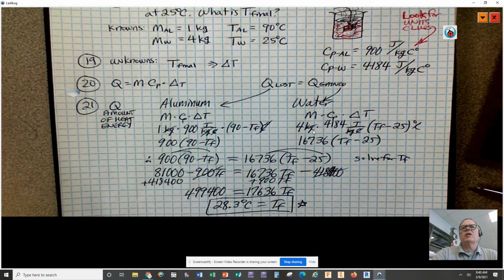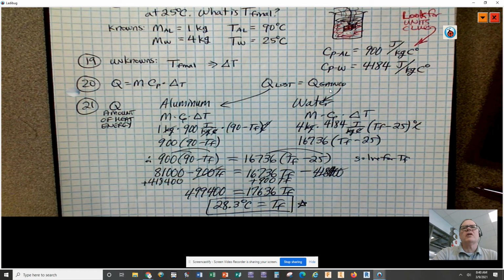Again, using the same process, multiply these outside numbers together, then use your distributive property. You get an expression for the Q gained of 16,736 TF minus 418,400. So when you carry out the distributive property, you get this equal to this.